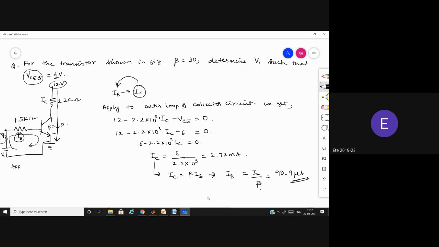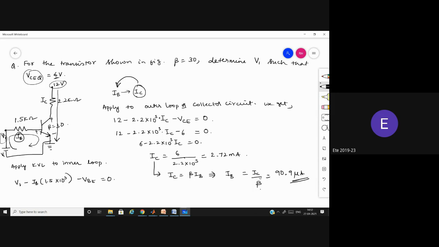So apply KVL to the inner loop. We get V1 minus IB into 1.5 into 10 to the power of 3, minus VBE, equal to 0.